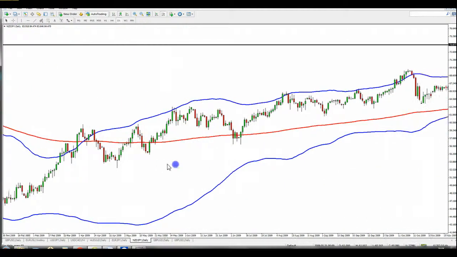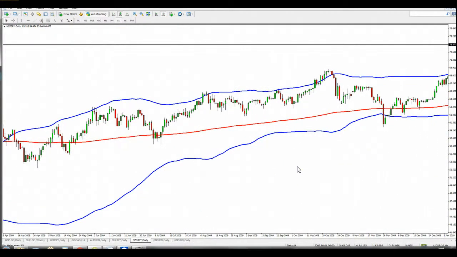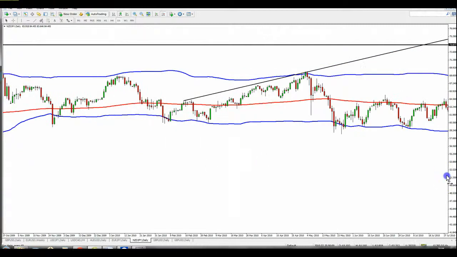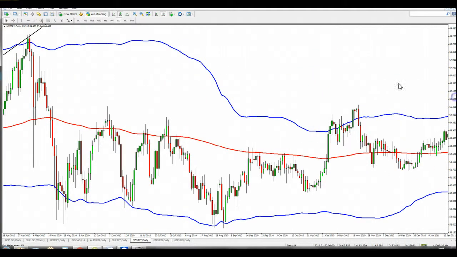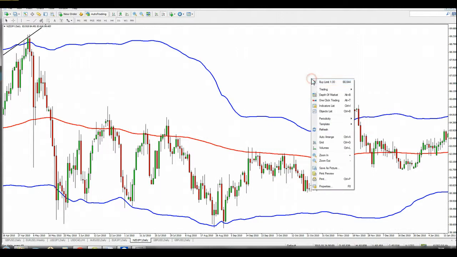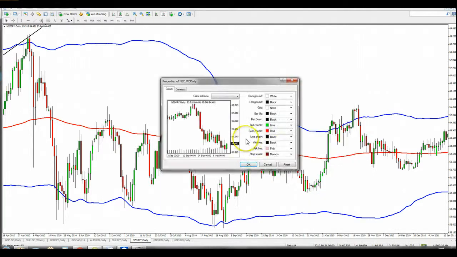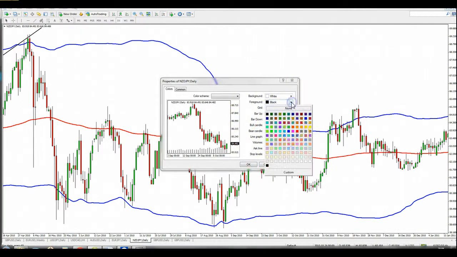Okay, so get back to your book, refresh yourself with the rules of trading, download the template for the trading. This is just a simplified version of it. What I like to do is change my properties, change my foreground.